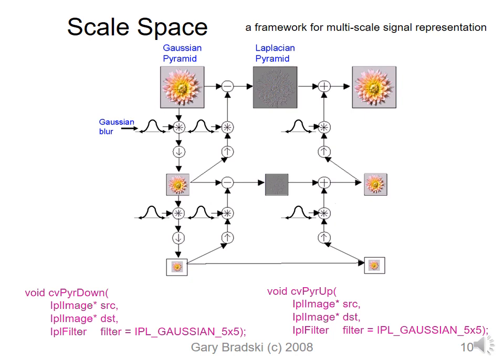A pyramid in Egypt is wider at the bottom and narrower as it goes upward. In the same sense, the pyramid in the computer vision field is a multi-level image from large resolution to small resolution.